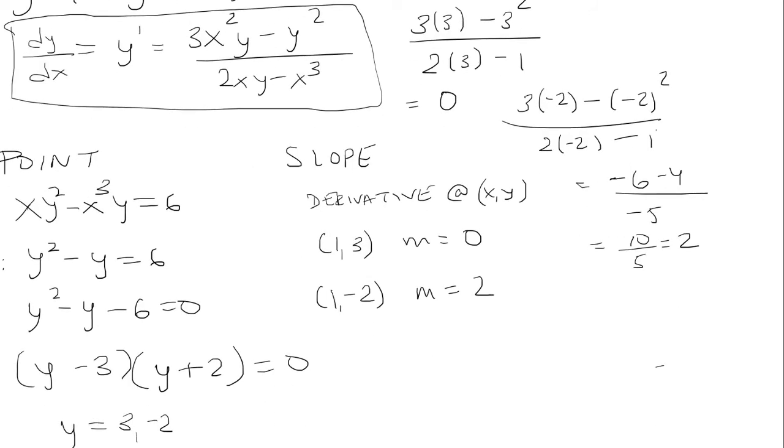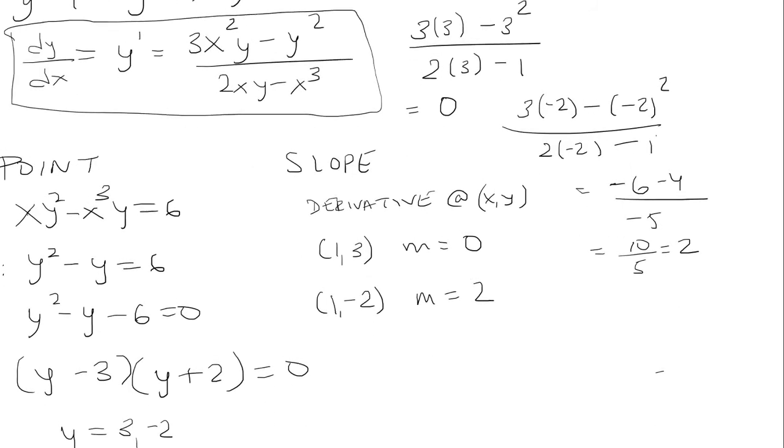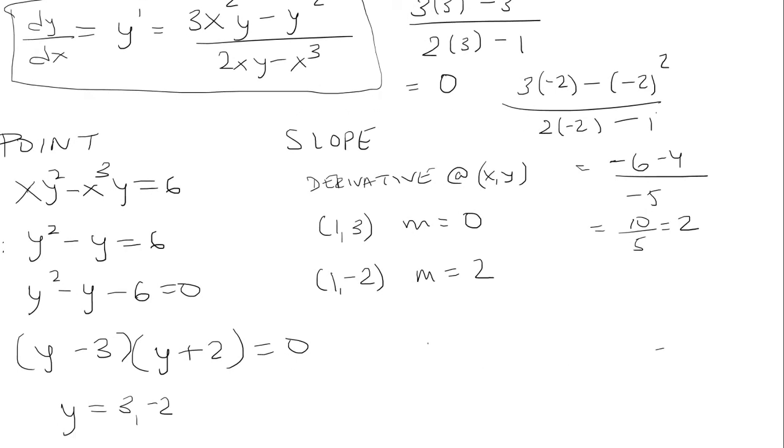Now, it did ask us to find an equation of the tangent line, but I'm going to show you how to find both. So for the point 1, 3 and slope 0, this is just a horizontal line at y equals 3. So the tangent line is y equals 3. At the point 1 comma -2, the slope is 2.